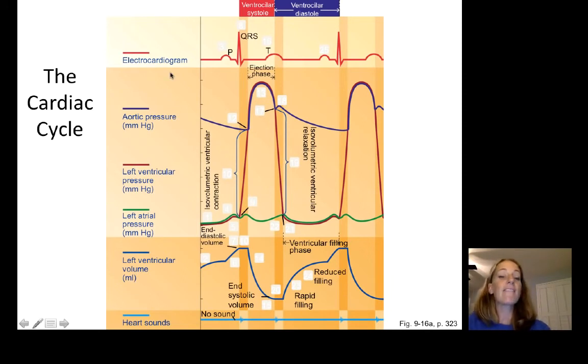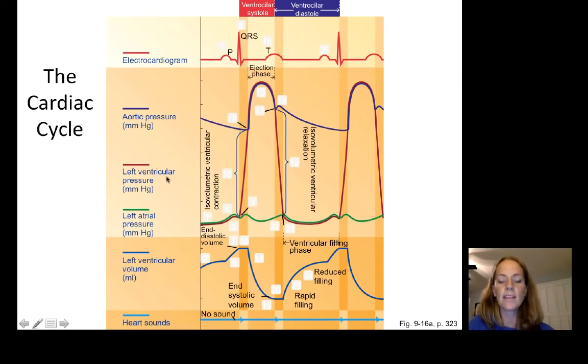So you guys have this huge diagram in your textbook. I'm going to link one as well to this presentation, and I want you to go slowly through this diagram, talk it out. Start with the electrical activity. First you have a P wave in the SA node. What happens in the aorta?